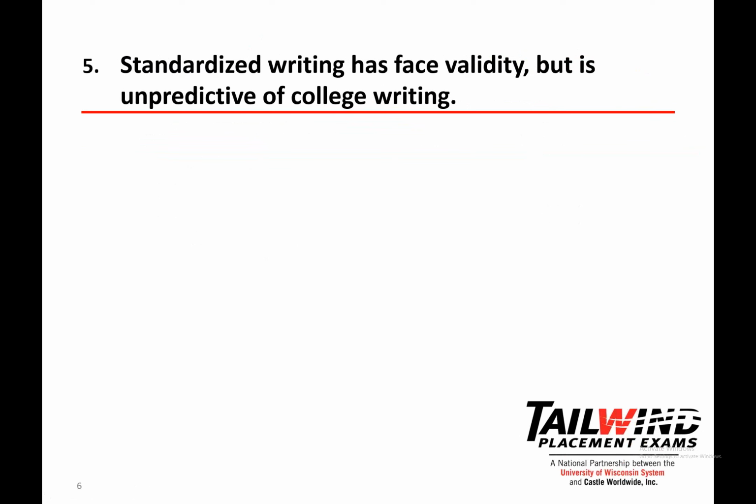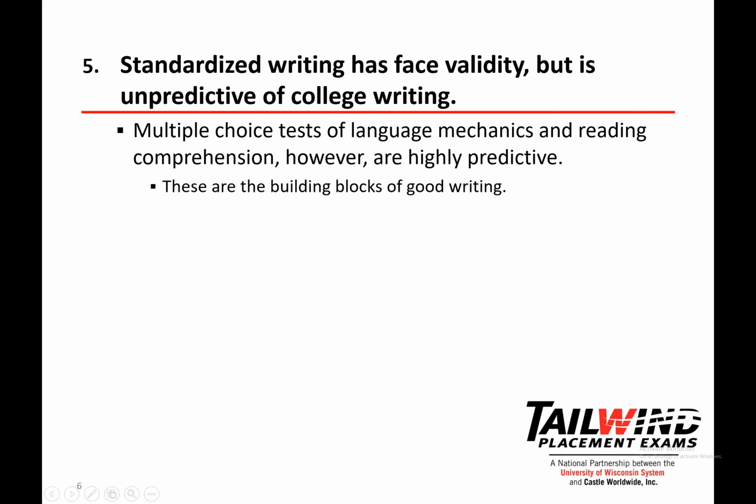But the reality is that it turns out to be unpredictive of college writing, and we can't simply assume that a test is valid because it looks like it's valid or because we think that it should be valid. Standardized writing tests actually are a perfect example of why you can't do that, because the test actually doesn't measure what we think it measures.